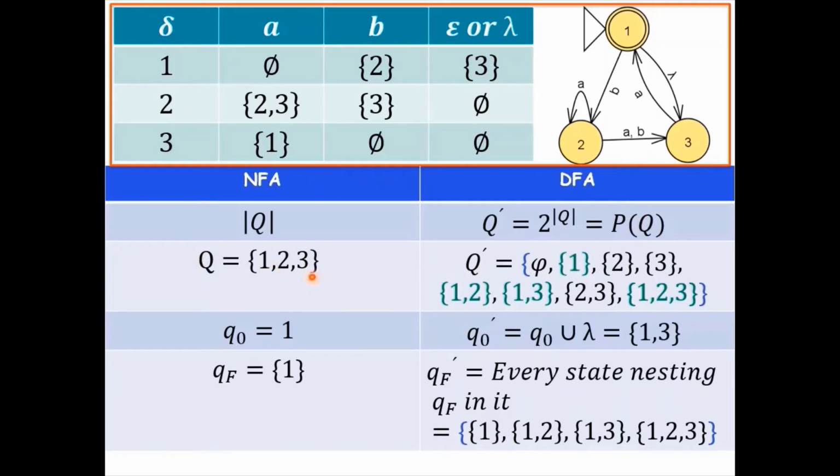If we take the power set of Q, then the states we get are the empty set, state 1, state 2, state 3, then state 1,2, state 1,3, state 2,3, and then state 1,2,3.